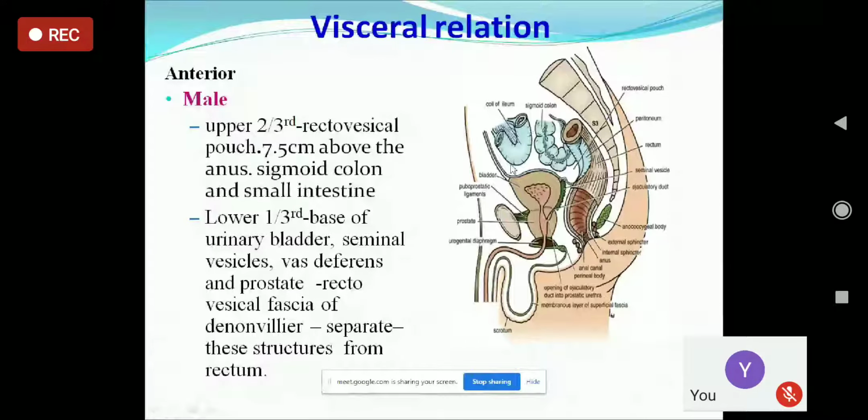In the upper two thirds you get these three, whereas in the lower one third you get the urinary bladder, seminal vesicle, vas deferens, and prostate. All these structures are separated from the rectum by the rectovesical fascia of Denonvilliers.